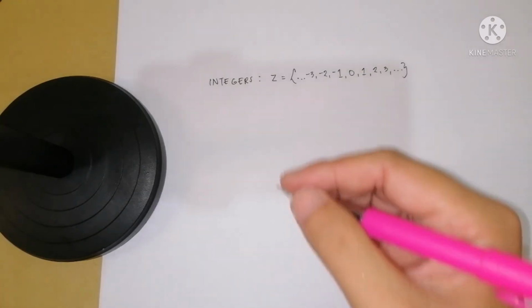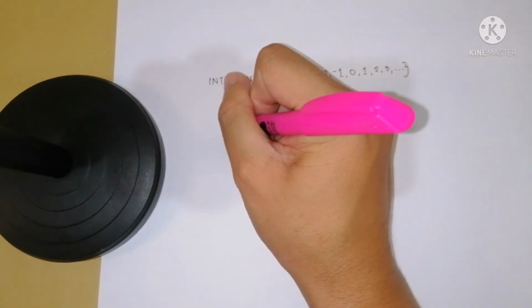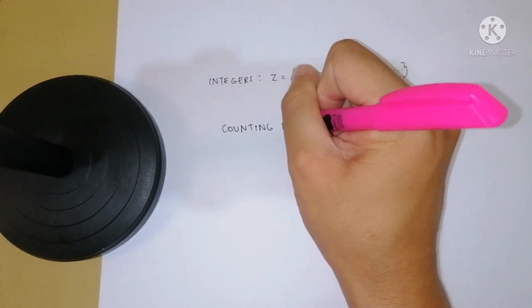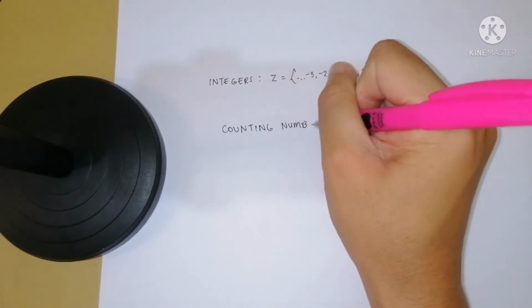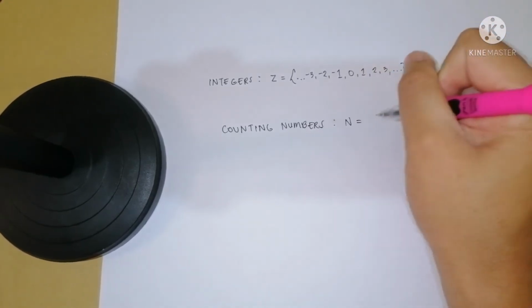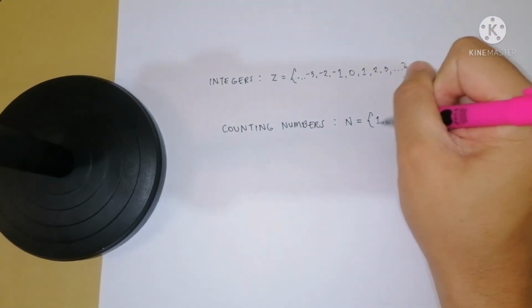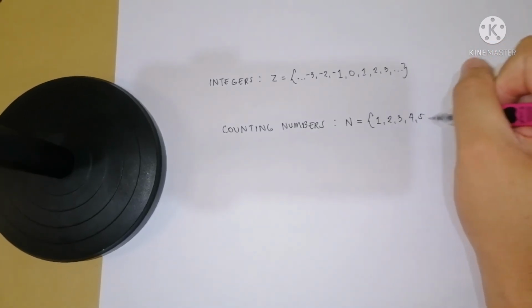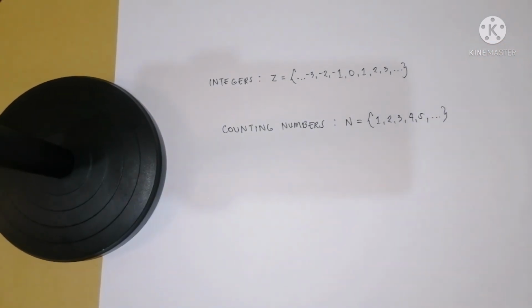Ang una nating na-discuss kanina, we have the counting numbers, or shall we say the natural numbers, and it is denoted by capital letter N, and the elements begin from 1, 2, 3, 4, 5, and so on, no?